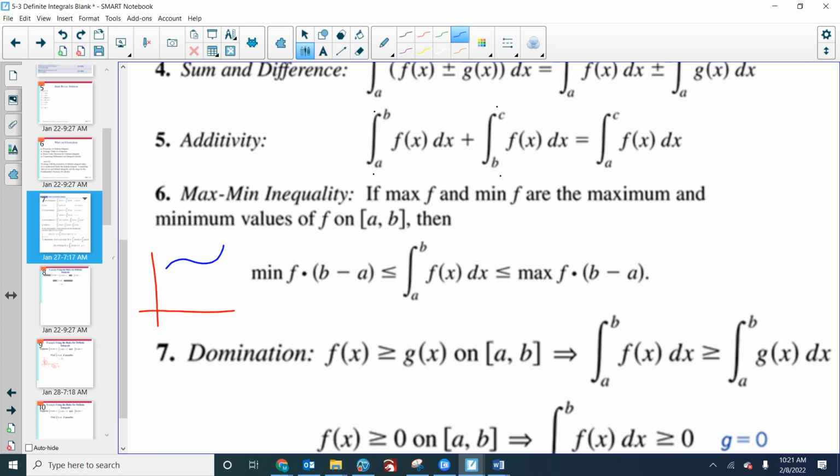Let's say this is f. Do you agree this is the minimum value of f? Minimum height on the interval. What happens when you take a y value times b minus a? Isn't that a rectangular area?